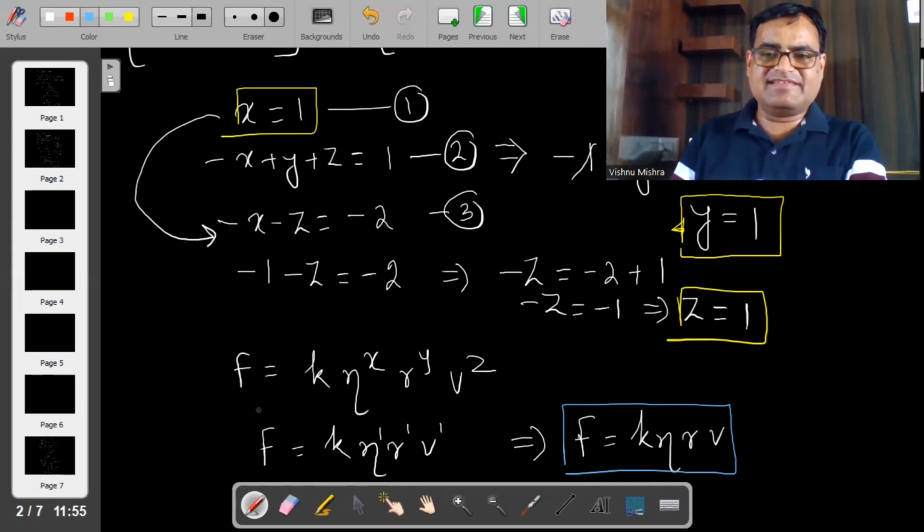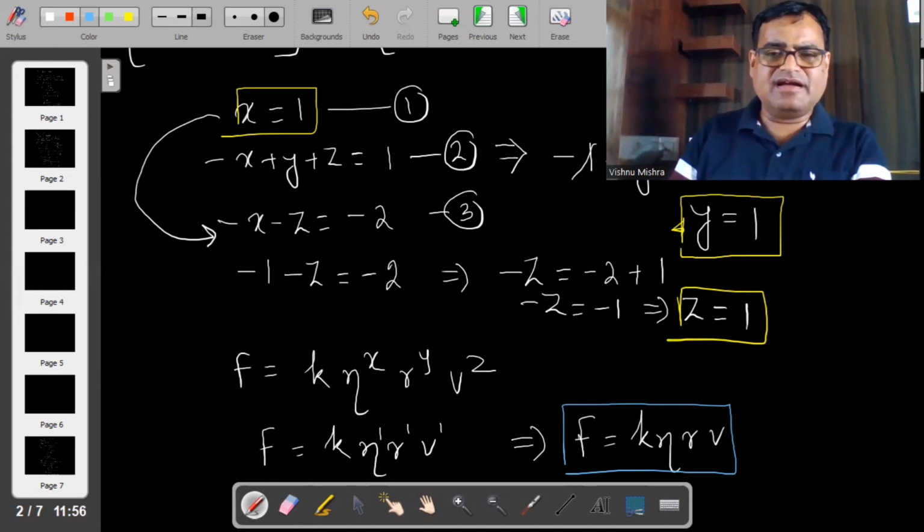Clear? In the next class, we'll see what dimensional analysis questions are coming in JEE Main and NEET. We'll read the NEET and JEE Main questions. So the next video will be very important for you, because we are going to discuss the questions that come in various competitive exams. Till then, read nicely and practice this well.